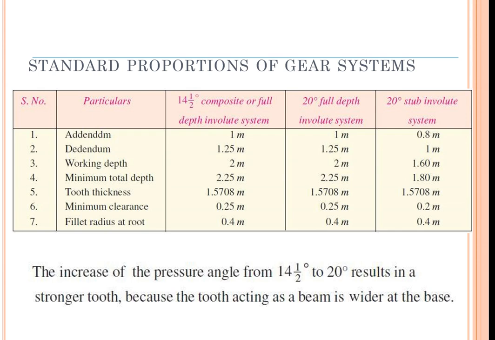With respect to module, values are defined for addendum, dedendum, working depth, minimum total depth, tooth thickness, minimum clearance, fillet radius and root. For the 14.5 degree, 20 degree full depth and 20 degree stub involute systems, different modules are specified.